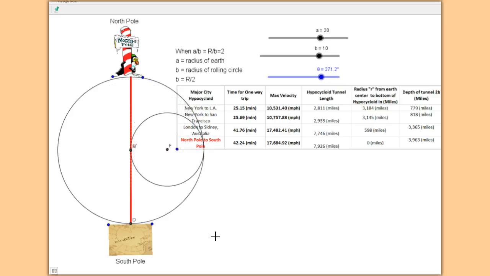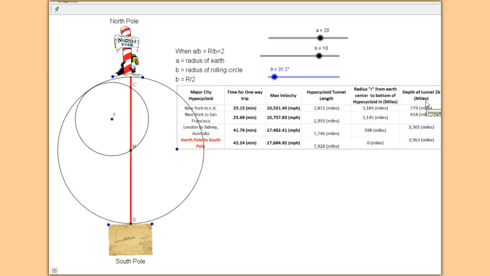Okay. Our North Pole to South Pole time for one-way trip is 42.24 minutes. Maximum velocity is 17,684.92 miles per hour. Hypocycloid tunnel length is the diameter of the Earth, which is 7,926 miles. The radius from the center of the Earth to the surface is 0 because we're passing through the center.